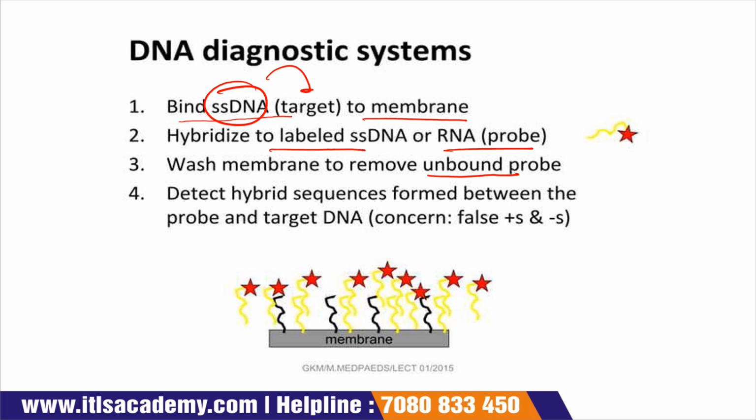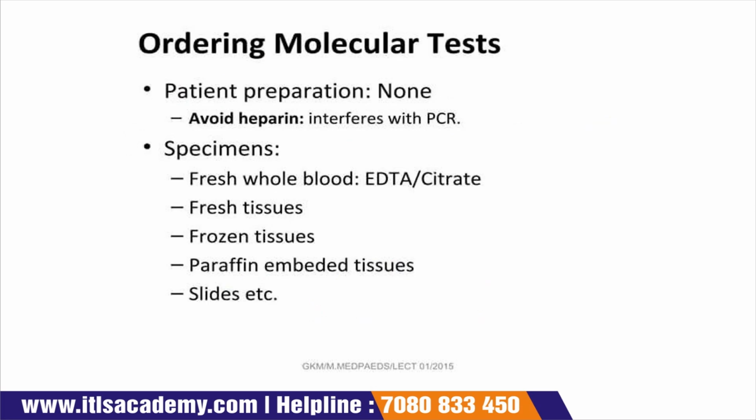Then a hybrid sequence is formed between the probe and the target molecule, which detects positive or negative. Ordering a molecular test: for a molecular test, we don't require any patient preparation. Just avoid heparin, because heparin interferes with PCR. It stops the reaction.